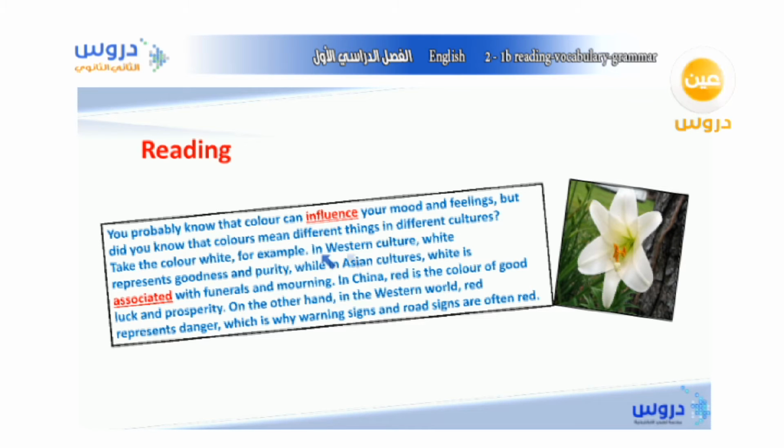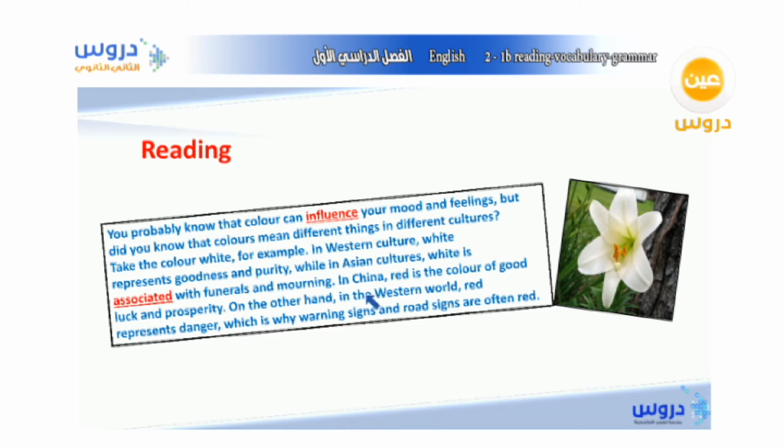Take the color white, for example. In Western culture, white represents goodness and purity, while in Asian cultures, white is associated or linked with funerals and mourning. So it's about death and sorrows.